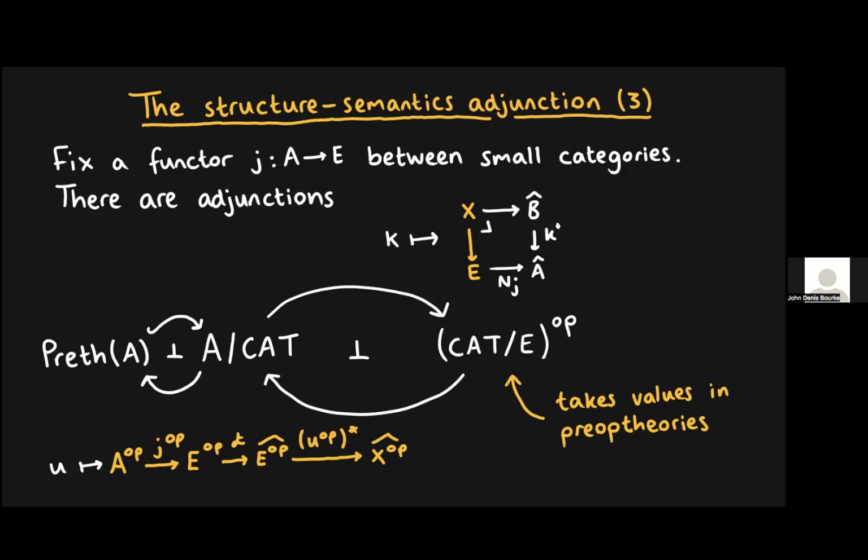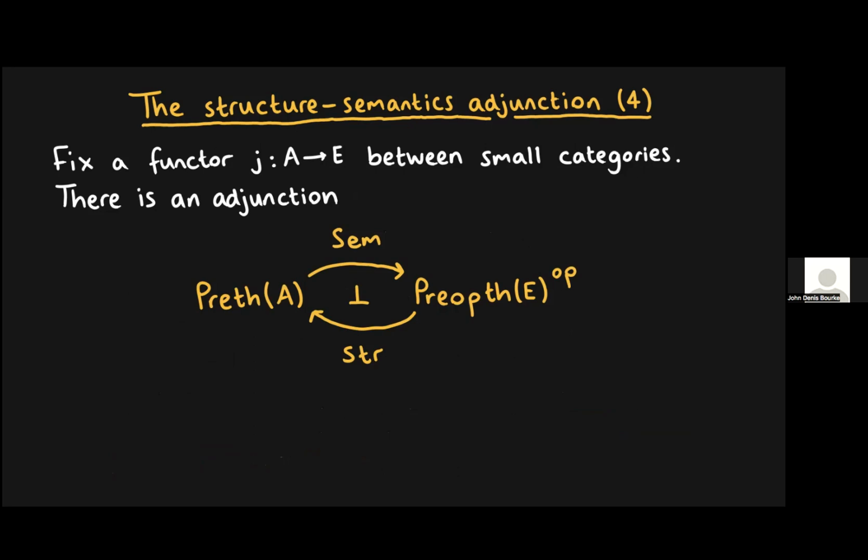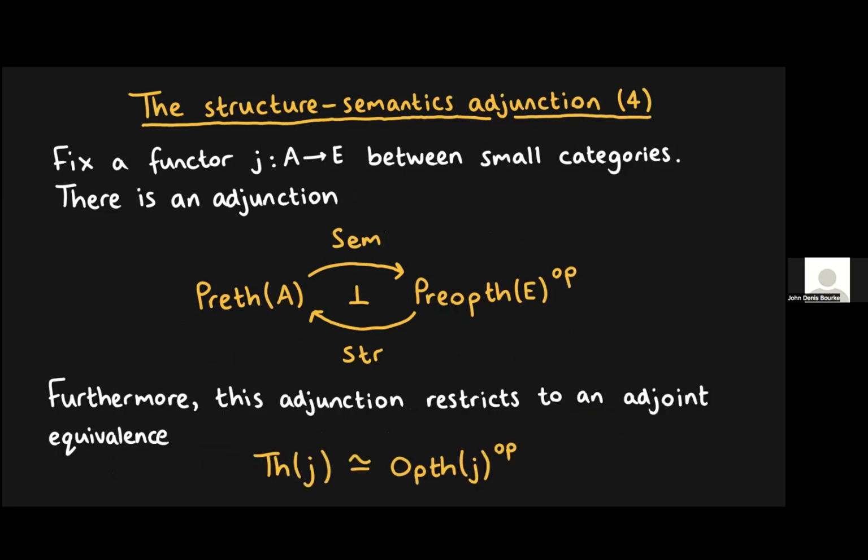And so when we start with a J theory, we will get a J op theory out. And it turns out the converse is also true, with a little more work in the other direction. And so this adjunction restricts to an adjoint equivalence between the J theories and the J op theories.